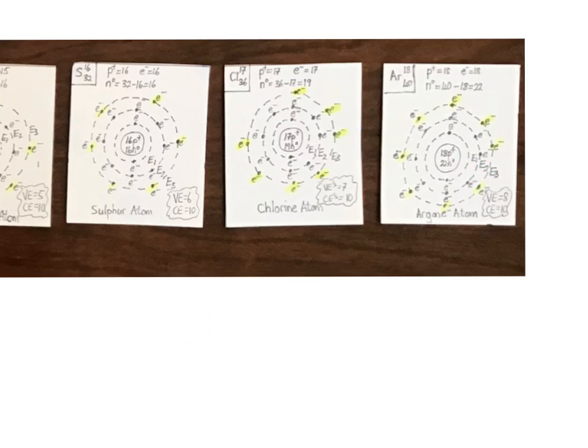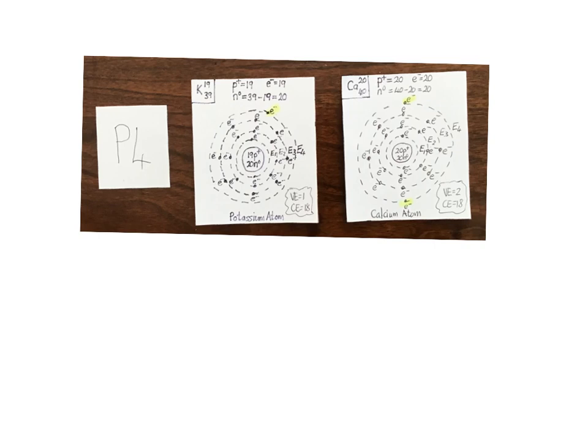And so we can see now that the period is an indicator of the number of energy levels in a particular atom. And lastly, in period number 4, we see that the elements in period number 4 have 1, 2, 3, 4 energy levels.